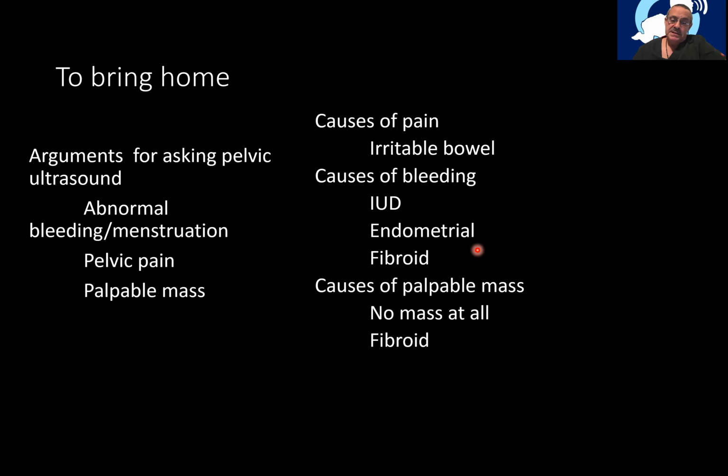The main cause of palpable mass, that I feel like something, is number one, you don't have a mass. Thank God, most people don't have a tumor, but number one cause of you feeling something other than a pregnancy is a fibroid. And a uterus enlarged by a fibroid, you can feel it by your hand.